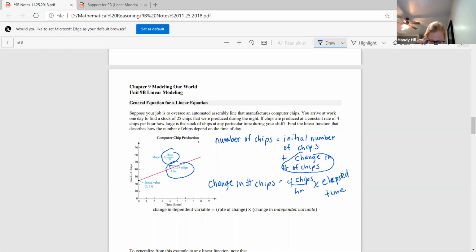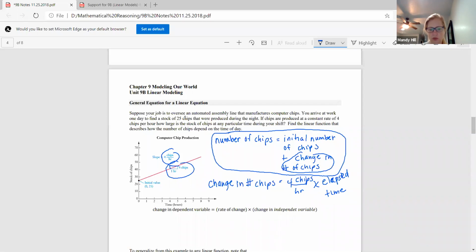Okay. So if we put the two equations together and use 25 for the initial number of chips, because they told us in the problem, so I'm filling out this formula right here.